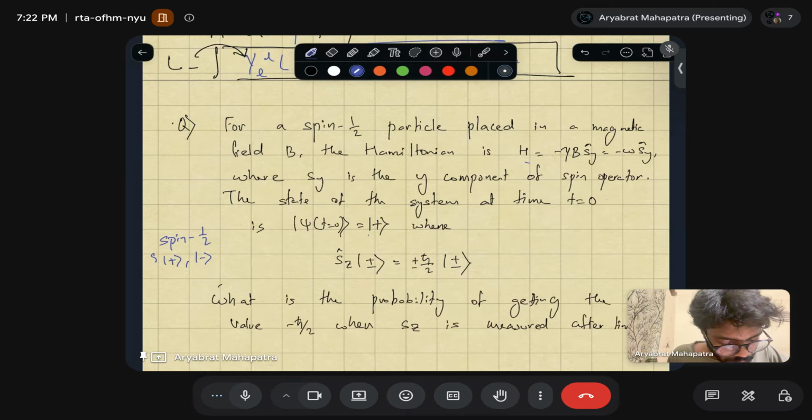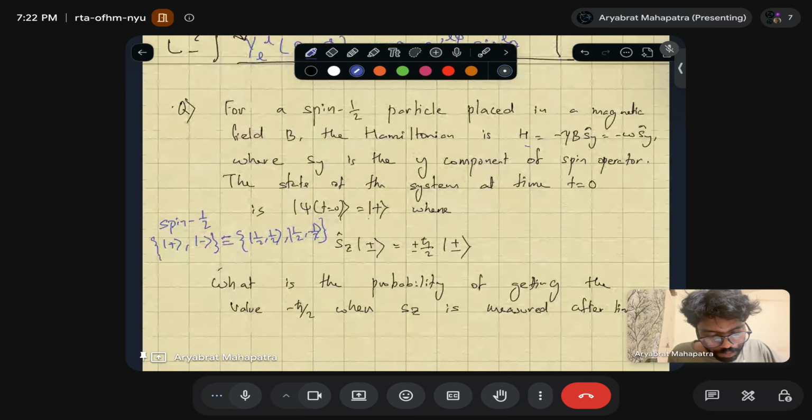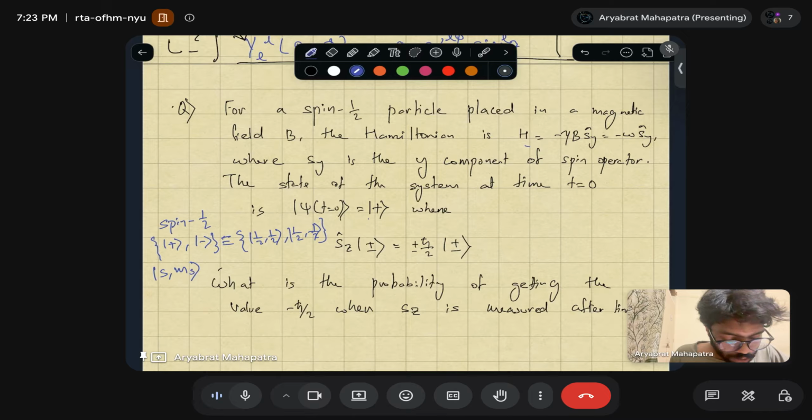This is denoted this way, or otherwise it means half, half and half, minus half. Because if you have some state s, m_s, then you will have m_s going from minus s to s.